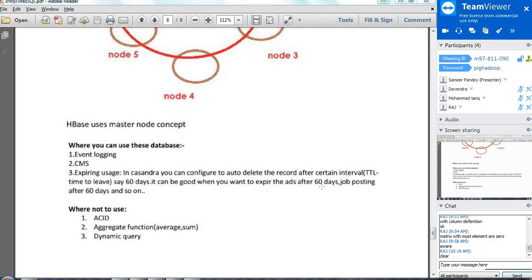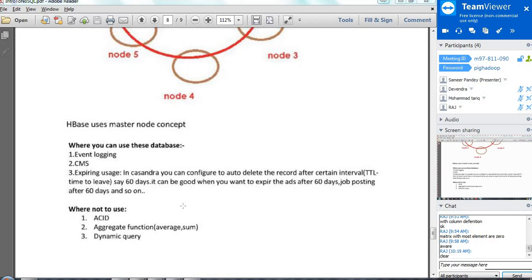So what happens is that data will automatically be removed or deleted from the database. I can give one small scenario. Suppose a company tells Naukri.com that it has a job posting valid for 30 days.